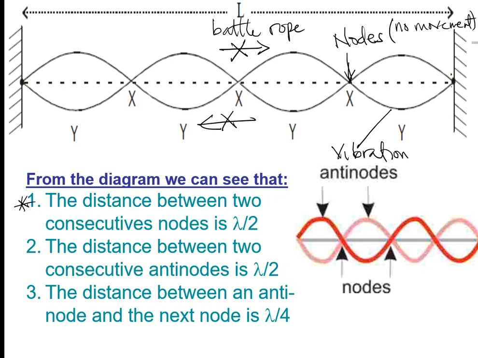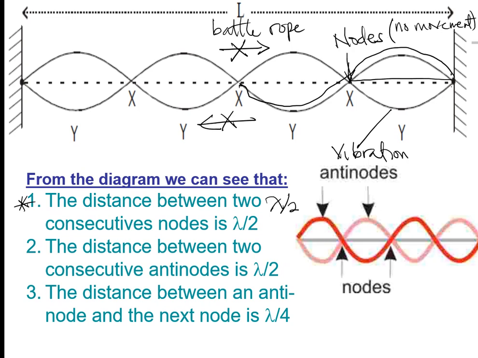The distance between two consecutive nodes is wavelength, which is lambda, times half. So the distance is half wavelength. Remember, wavelength is one cycle, which means we are moving from here all the way to here. And a node is just the distance from here to here.